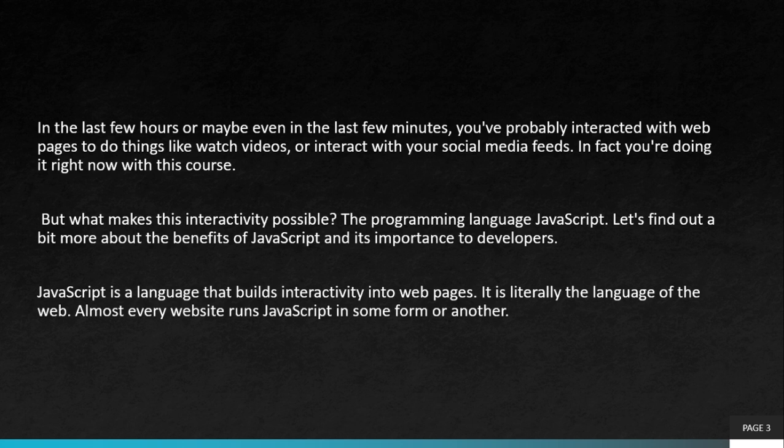So basically, JavaScript is what causes the interactivity of the HTML and CSS. So it's literally the language of the web. And almost every website runs on JavaScript in one form or the other, right?